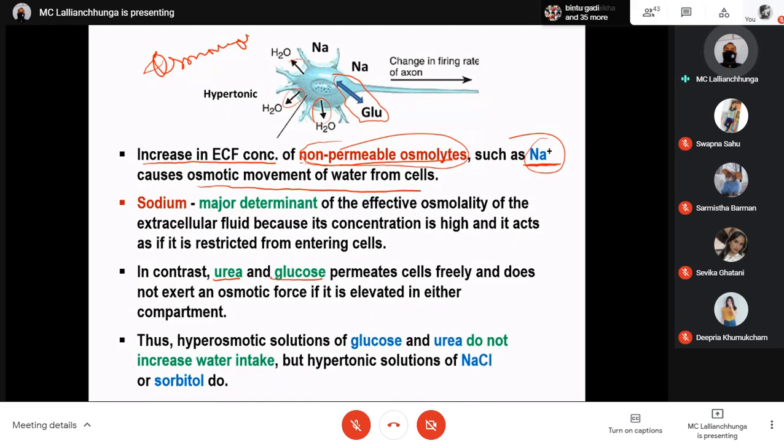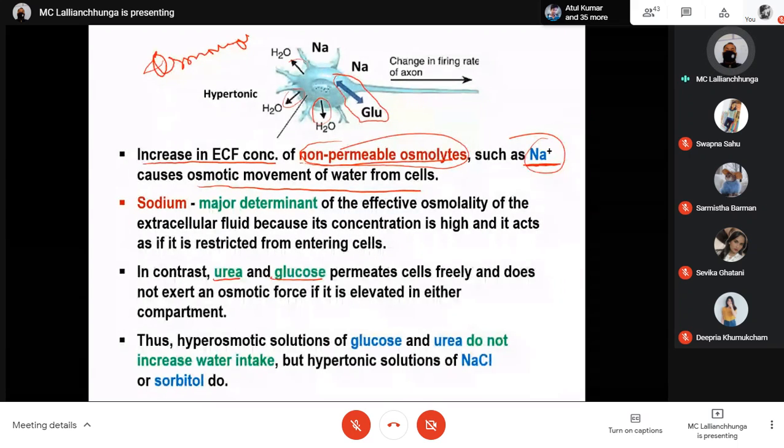But suppose you take sodium chloride solution instead of glucose solution. You may drink 1 or 2 glasses, but after some time you know that there will be an increase in the intensity of thirst again. Initially it may satiate or suppress the thirst, because of reasons we will discuss afterwards.